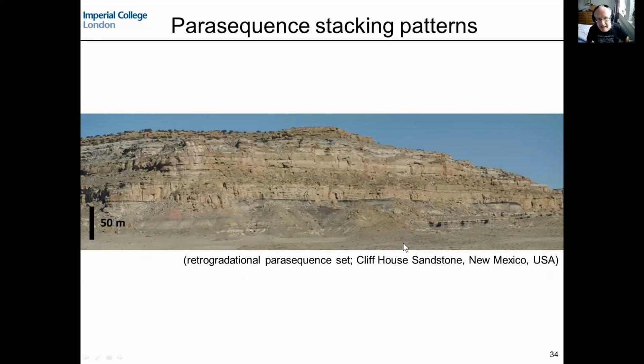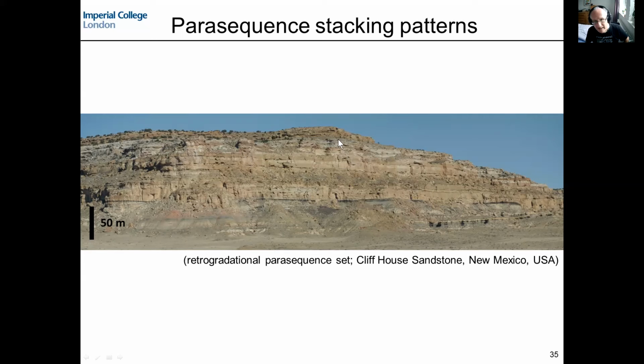This diagram shows something similar in terms of scale, about a 200 meter vertical cliff face. We have a muddy section at the bottom, including coals. So this is a coastal plain, which would be green colored in the previous diagrams. As we pass upwards, we see shallow marine sandstones, which would be yellow in those cartoons, interbedded with coal-bearing coastal plain in green.